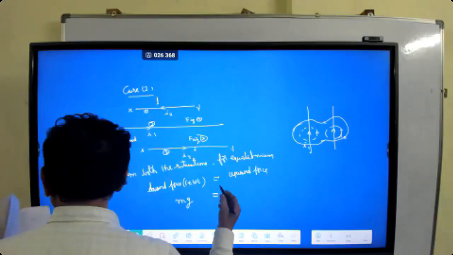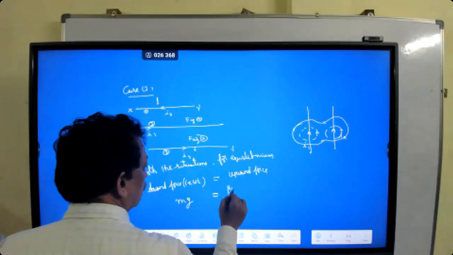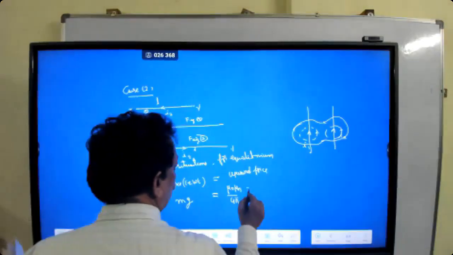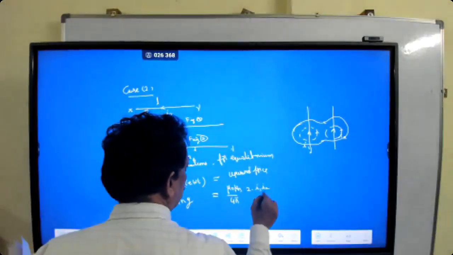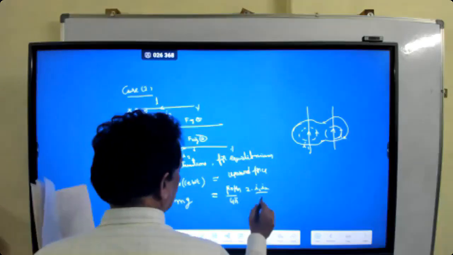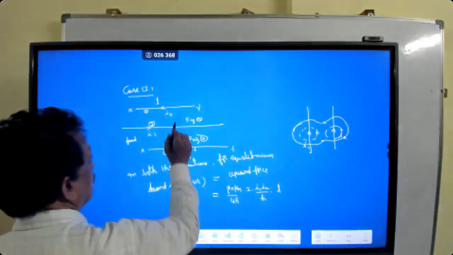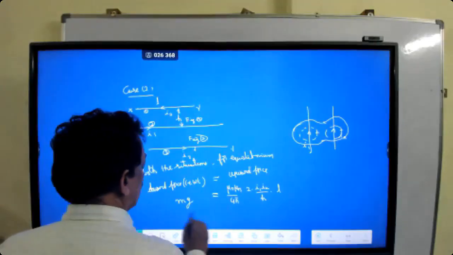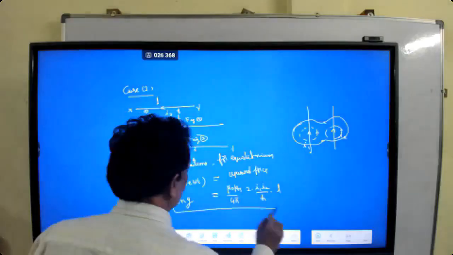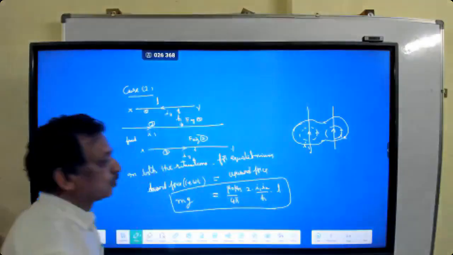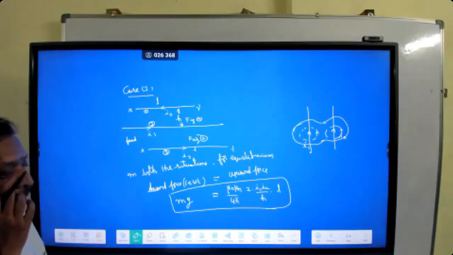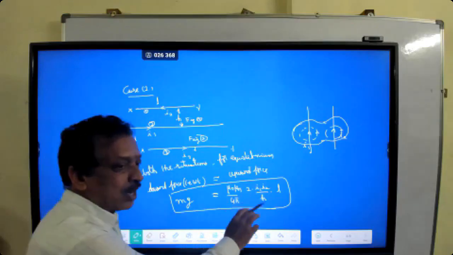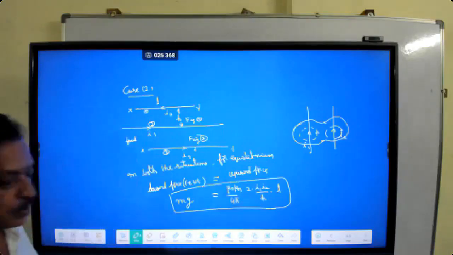Now I write here: mg equals mu naught mu r by 4 pi into 2 I1 I2 by h into L. So this is the height h and the length L. So mg is equal to mu naught mu r by 4 pi into 2 I1 I2 by h into L. Now, either attractive force or repulsive force.